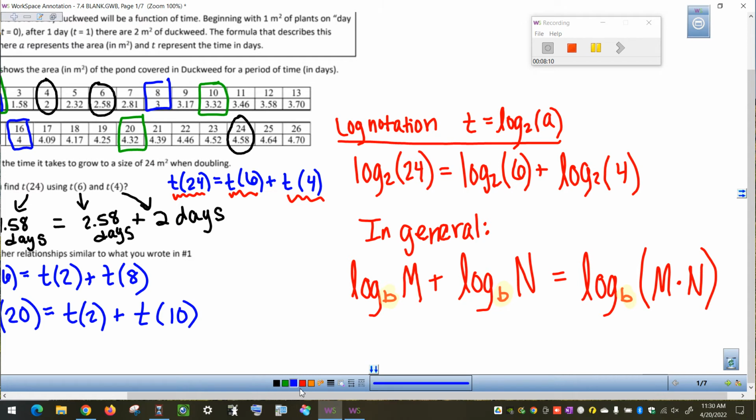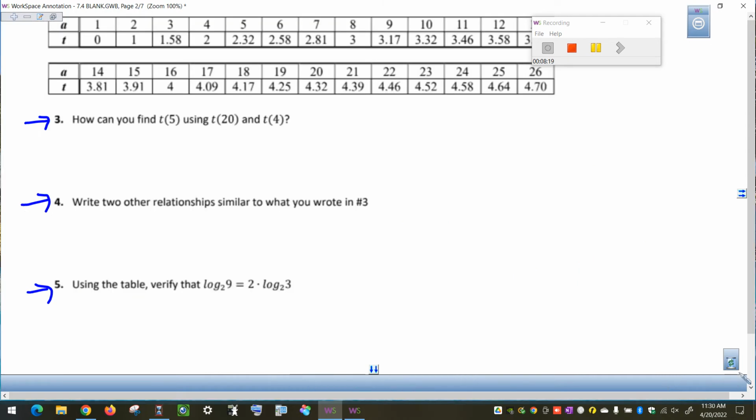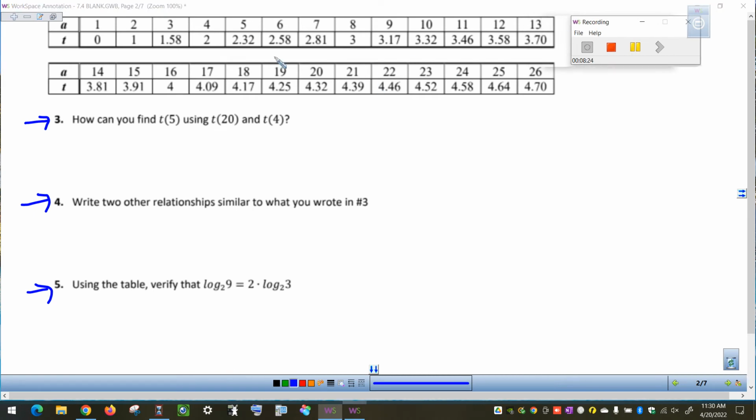All right, so let's take a look now at part 3. So number 3 here was asking us how we could find T of 5 using T of 20 and T of 4. So if we go ahead and find these values here, so here's the time it takes to grow to a size of 5, the time it takes to grow to a size of 20, and the time it takes to grow to a size of 4.